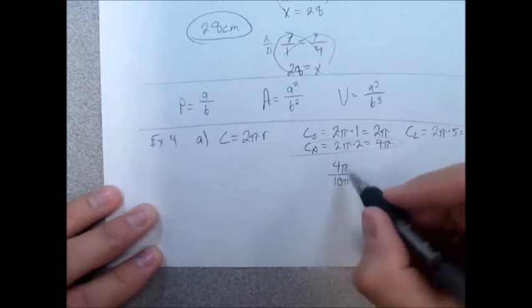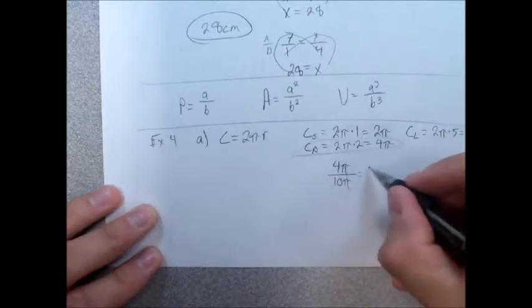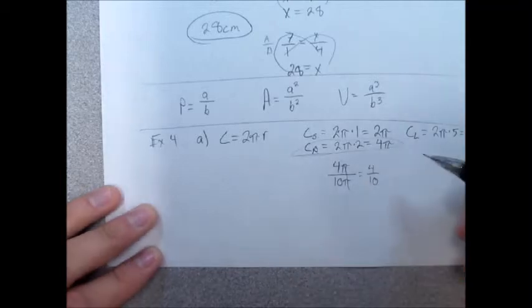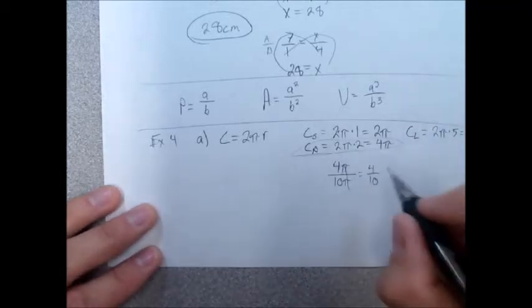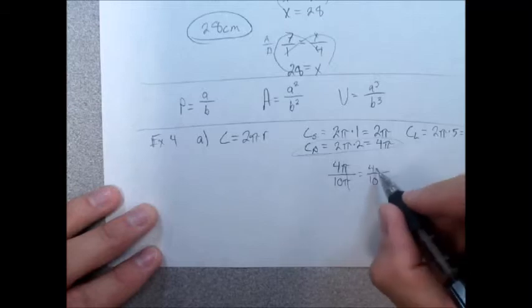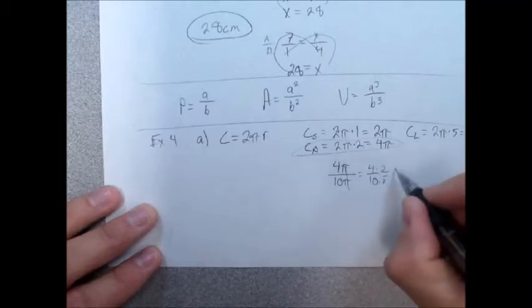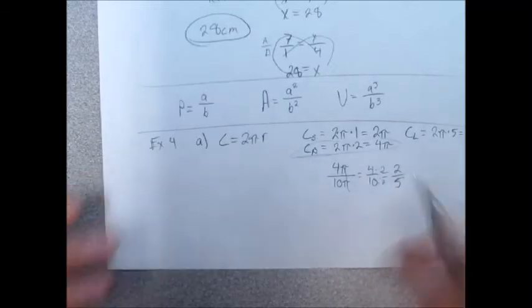Now I should notice that my pi's will cancel, which leaves me with 4/10, but that's still not simplified, because I still have to reduce this down. If I divide each one by 2, 2/5. And I'm actually done there.